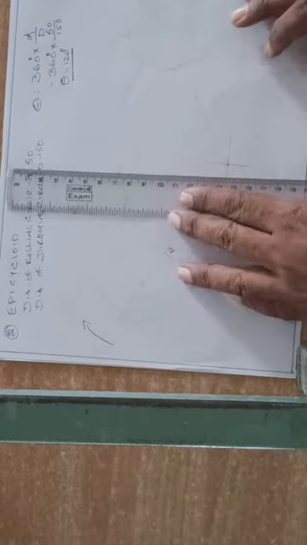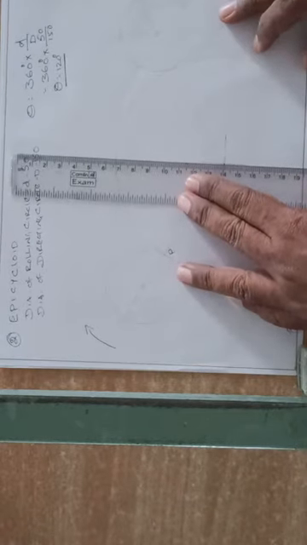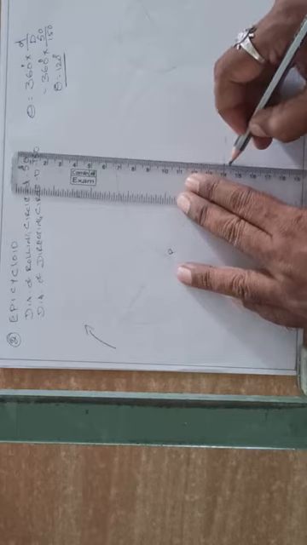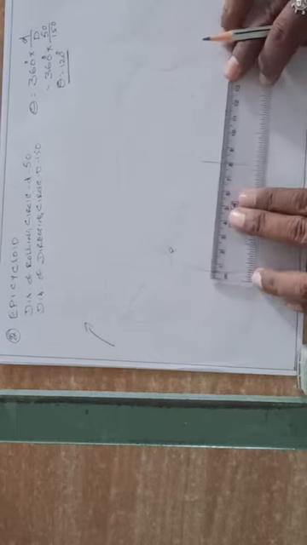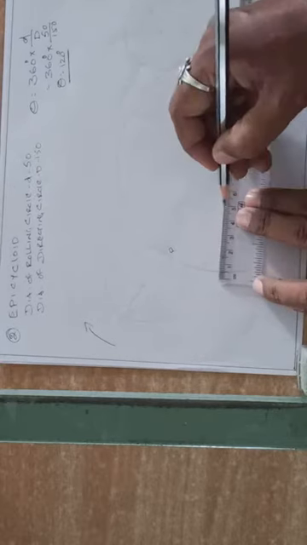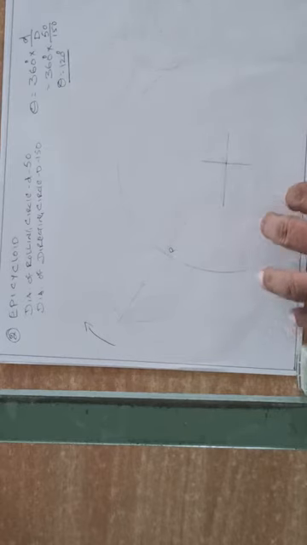To start with the construction, first draw an axis line for the directing circle anywhere. First draw two lines, so that is the center of the directing circle. Now, what is the diameter of the directing circle given? 150 mm. So take 75 mm as radius.